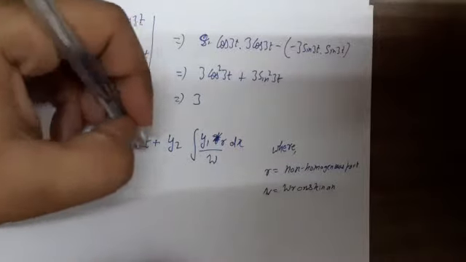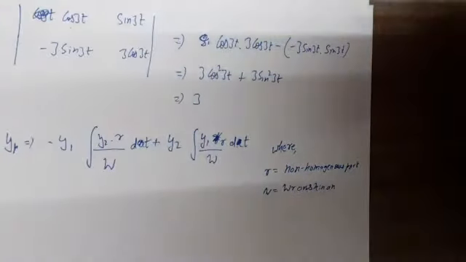I'm sorry, it would be dt, not dx, as our variables are in terms of t.